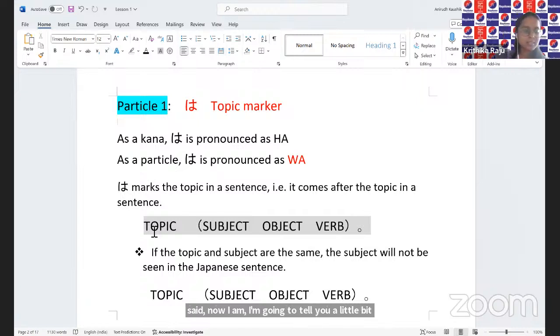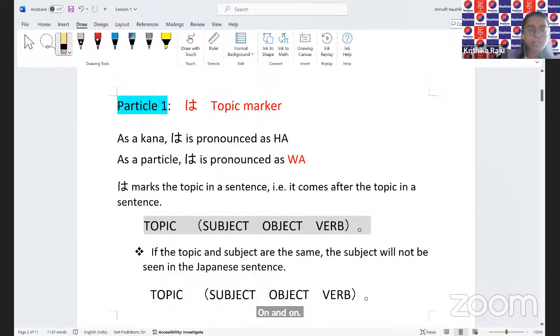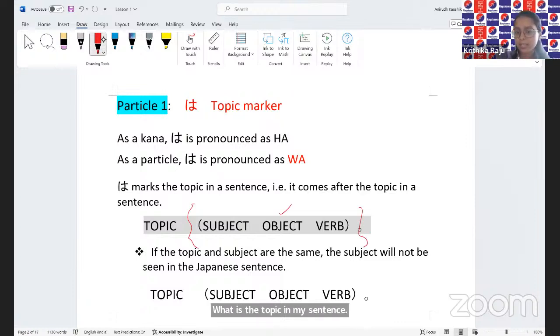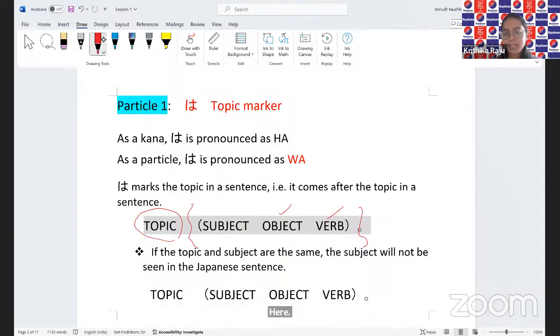Under the topic I choose to talk about whatever, and elaborate on it. Maybe there's an object in a sentence, maybe there's a verb. I studied at this college, or I worked at this place, I lived, I am living, all of this. So you see how the subject, object, verb comes under a topic in a sentence. This is just to explain that. In Japanese, the topic will always be marked by the topic marker, wa.